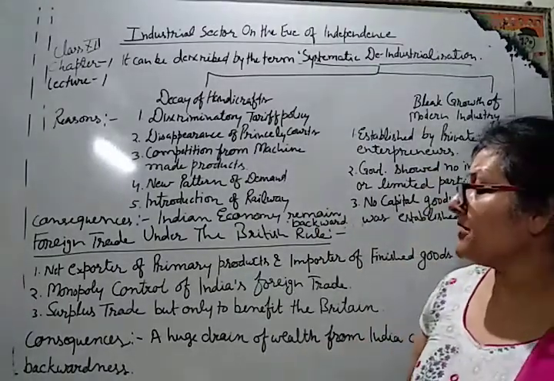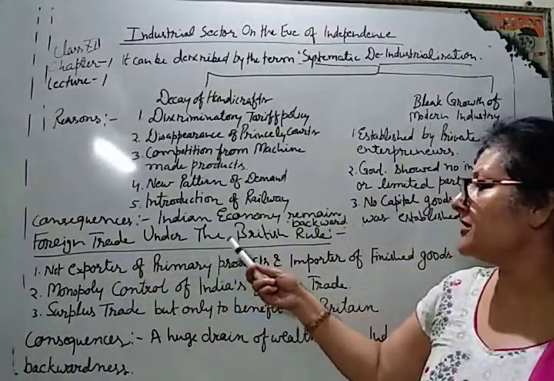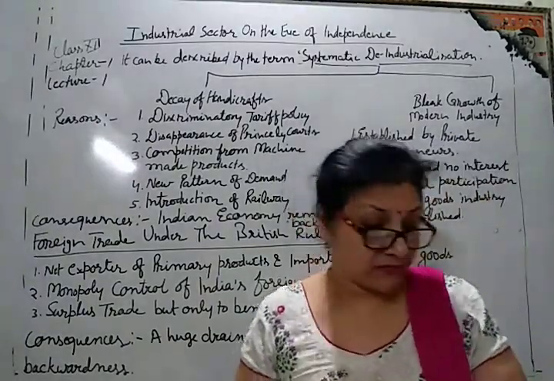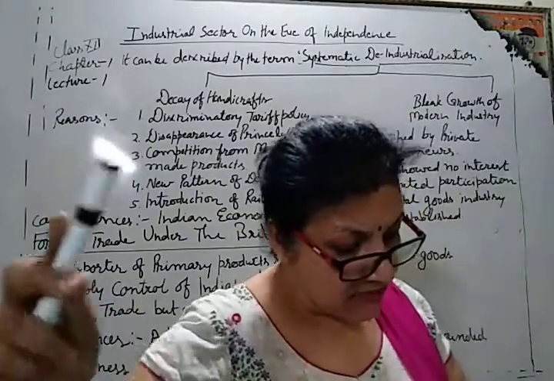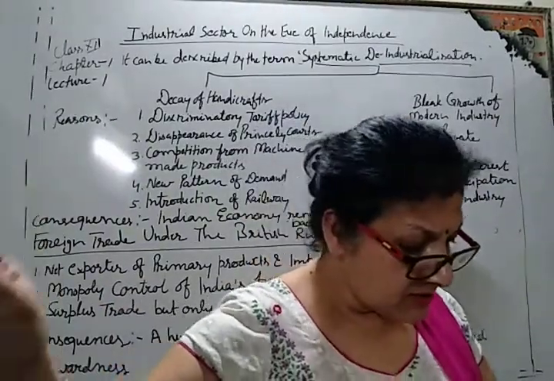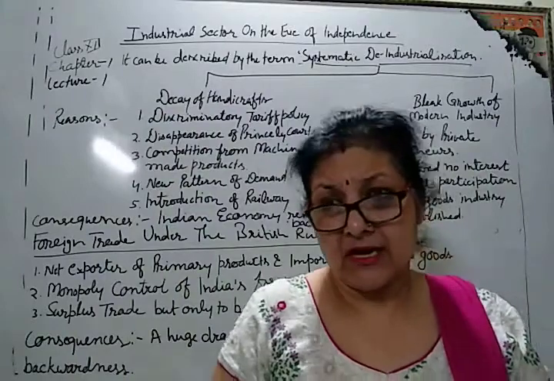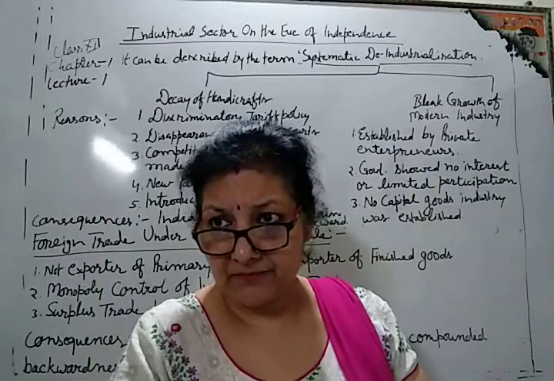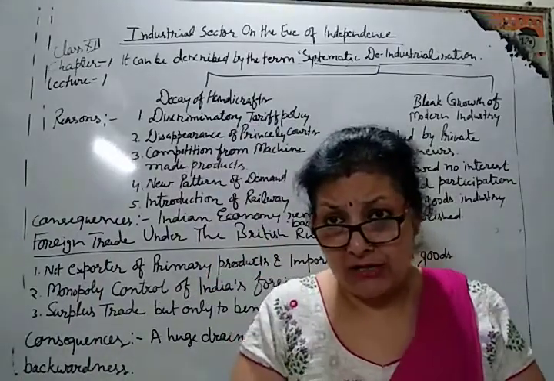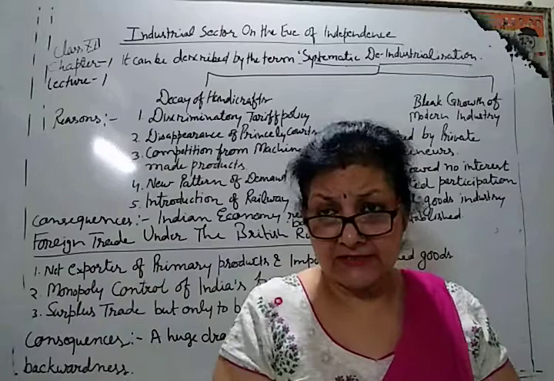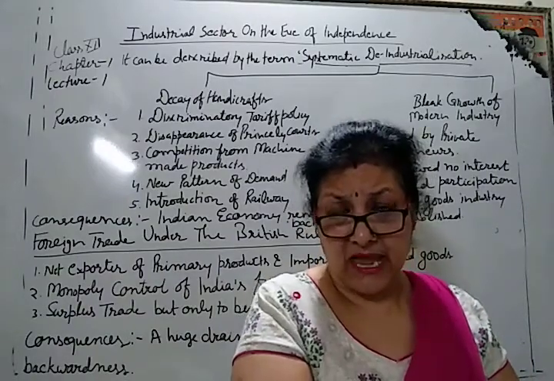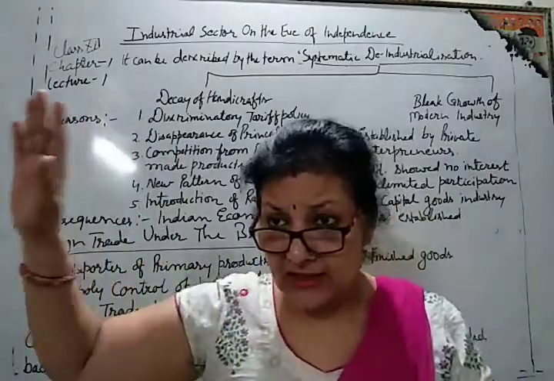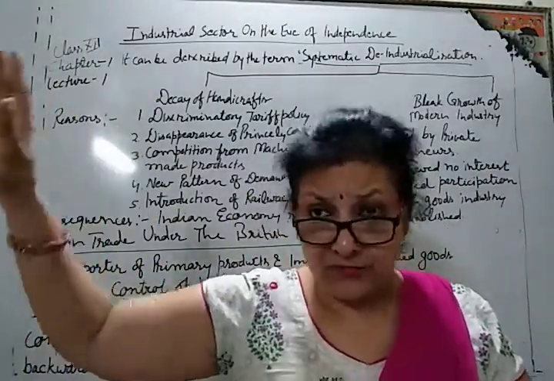Now, I am coming to my next topic, foreign trade under the British rule. India had acquired eminence in the area of foreign trade since ancient times. From the very ancient period, India exported pulses, rice, spices, etc. to different parts of the world.